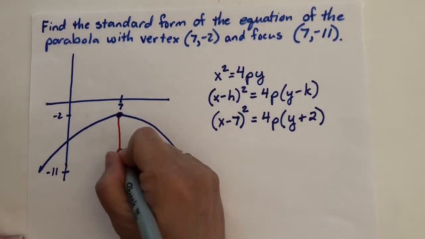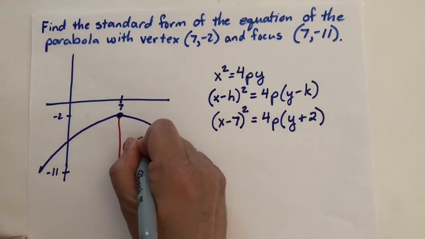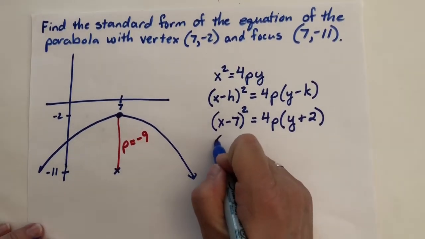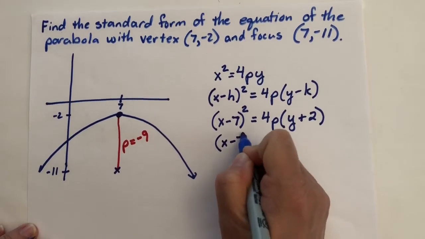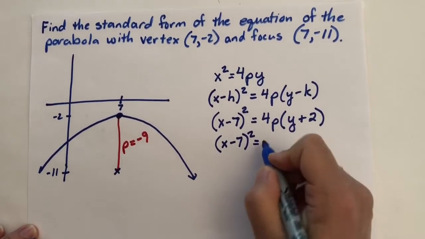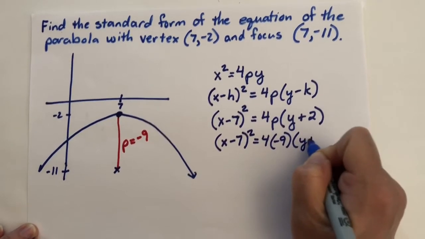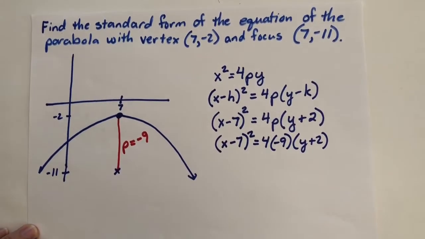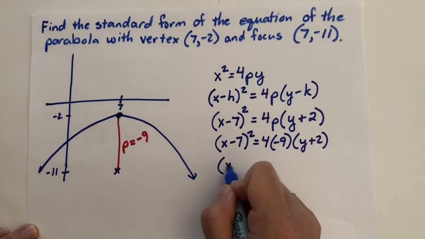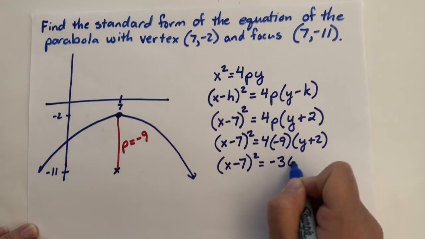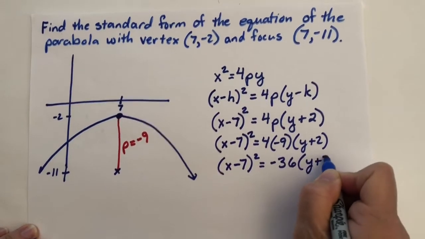So our p value here will be -9, just like it was in the previous example, but we had to do a little bit more work to get it. So we have x minus 7 squared equals 4 times -9 times y plus 2. And so I would write the equation: x minus 7 squared equals -36 times y plus 2.